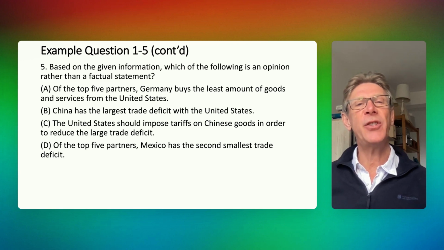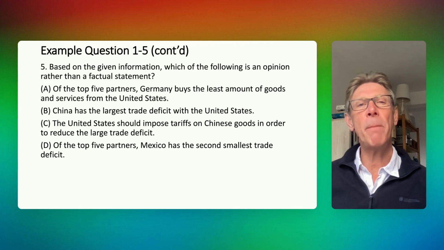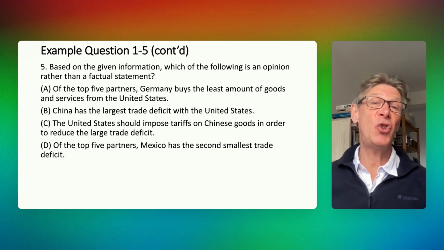China has the largest trade deficit with the United States. Does that feel to you like an opinion or a factual statement? Feels to me like a factual statement. The United States should impose tariffs on Chinese goods in order to reduce the large trade deficit. Opinion. Should. My opinion is you should.